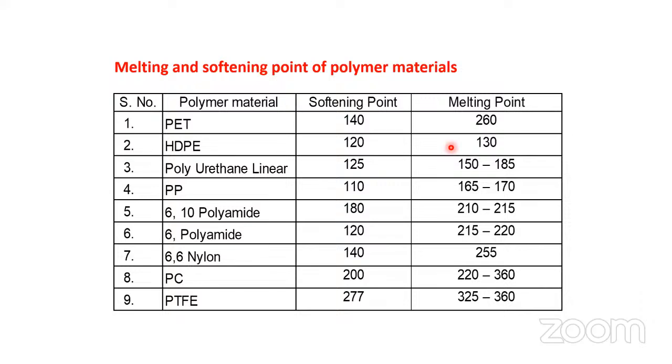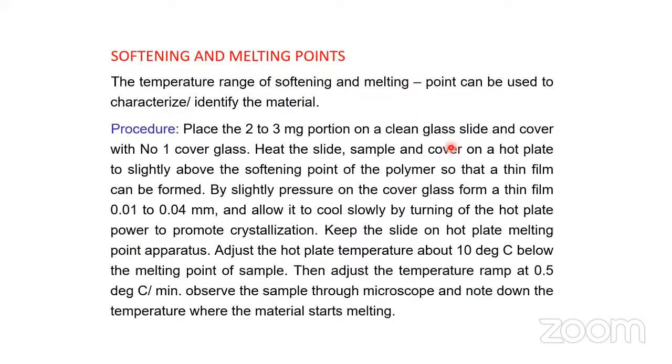Hello, I have a doubt, sir. In the previous slide, you told us we have to keep the plastic between two plates. See, the procedure is for determination of your melting point.